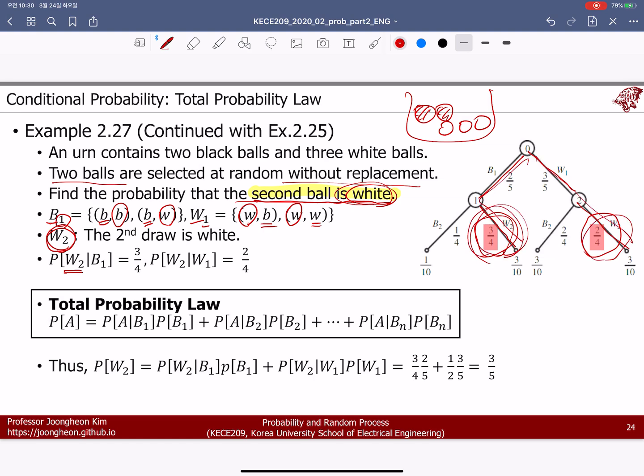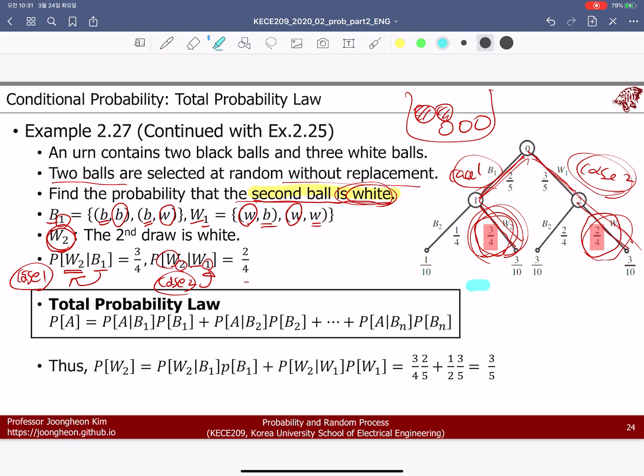This one means that our given condition is that the first one should be black. The second one is white. So first is black and then second is white. This is case 1, this is case 2. First is white, second is also white. So in this case, we have to look at only this one for the first case, and only this one for the second case.